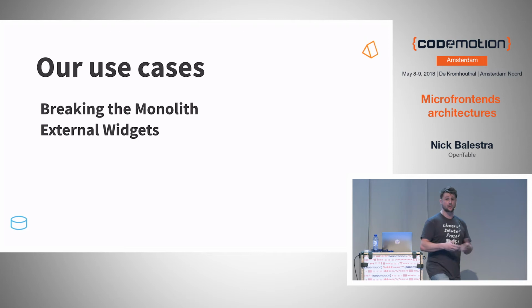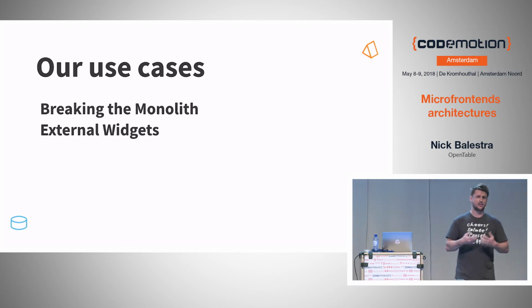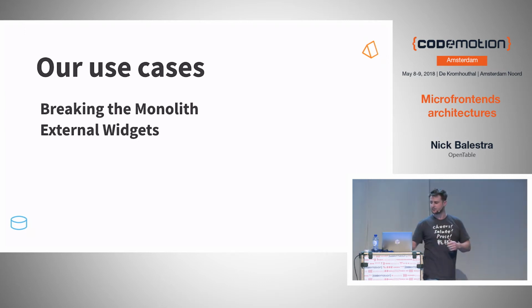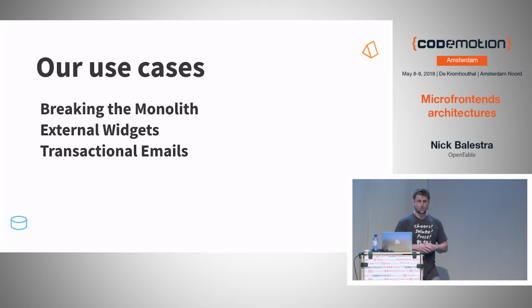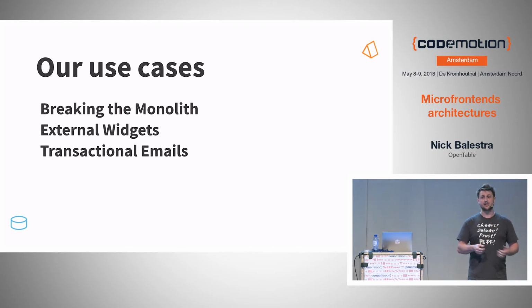External widgets, of course, we also have an external widget. For example, a very simple one that restaurants can embed in their web page to do reservations through our system. We also thought about transactional emails. We send millions and millions of emails every day for booking and reservation confirmations.